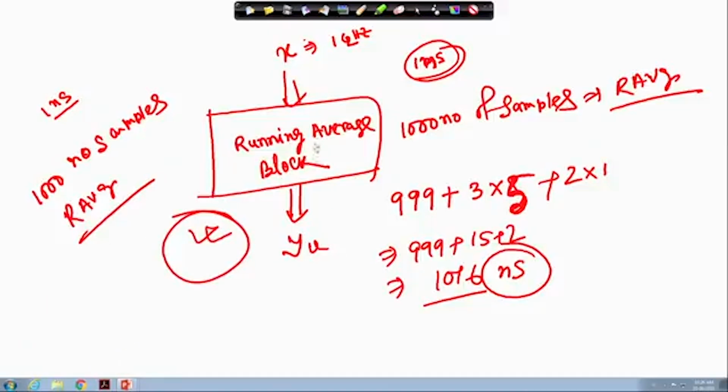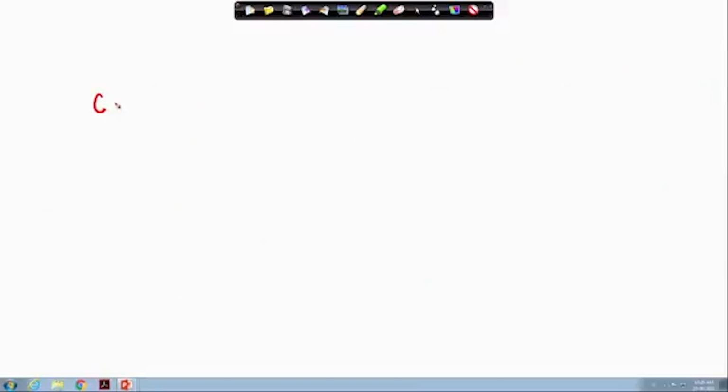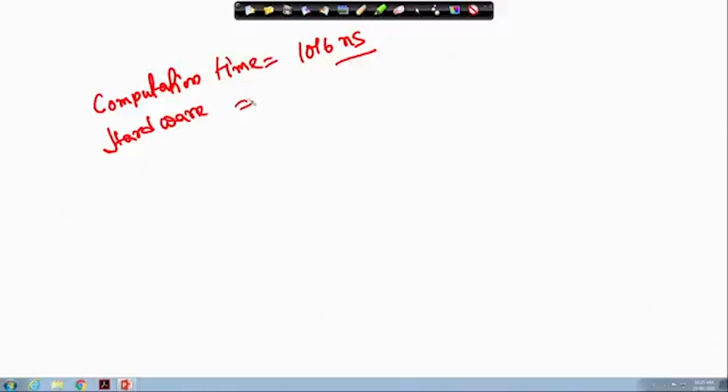So, the computation time I am getting is 1016 nanoseconds. Then the hardware requirement is 7 adders, not all of them 4 bit.